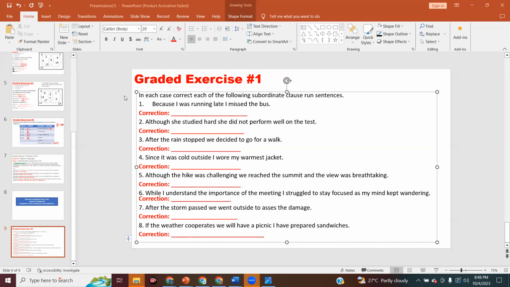What are you doing in the back there? China, what number are you on? Number 6. Ciara, what number are you on?